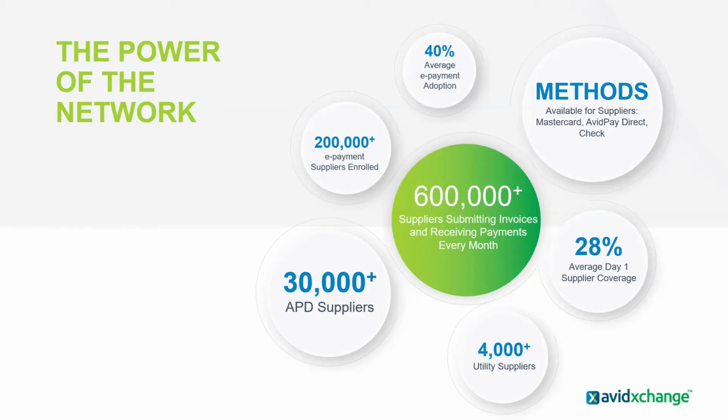We also have AvidPay Direct, which is an ACH function. And then, of course, check for those companies that still elect to be paid by check. A number of other factors, but again, the power of the network truly is being able to leverage vendors across multiple industries that are already taking advantage of either submitting invoices or receiving payment through the AvidXchange software.